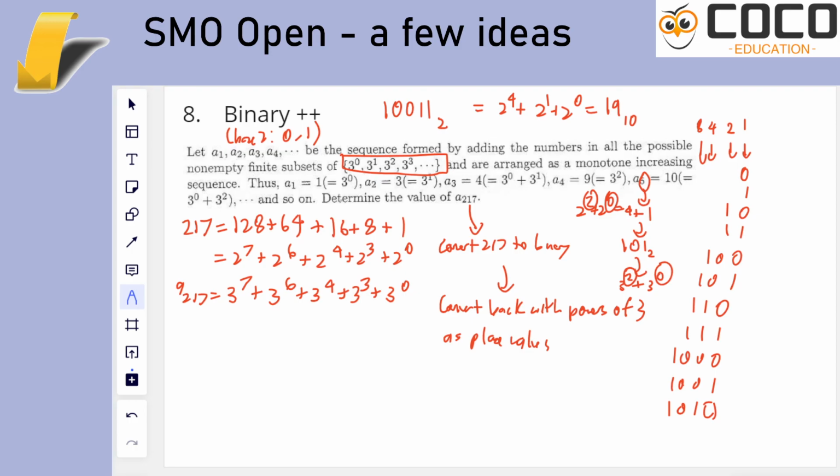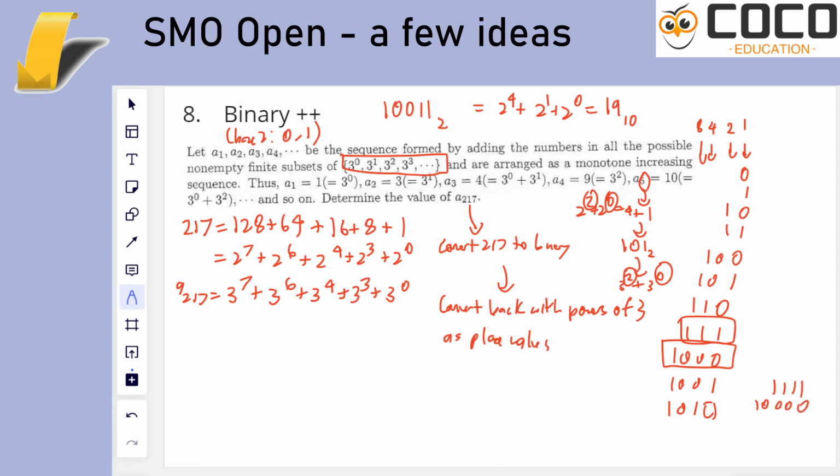But it's useful to have this picture of binary because it also gives you some intuition for various things about the sum of powers of 2. For instance, because you see that 111 comes before 1,000. Later on, 1111 comes before 10,000.